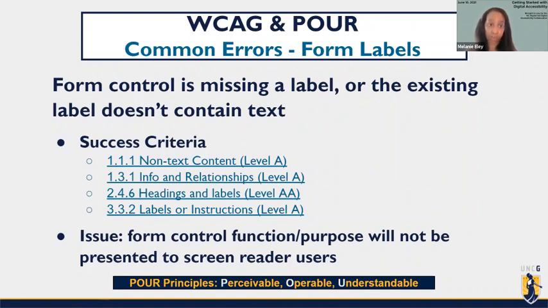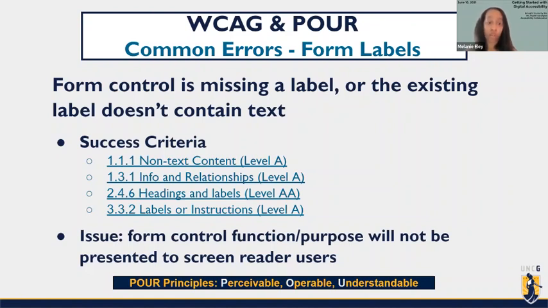This is going to be flagged under several principles and several success criteria, and it isn't uncommon to find an accessibility issue that would be an error under more than one success criteria. This is because the issue a lot of times can affect more than one disability type, and it also could affect a specific disability type in more than one way.